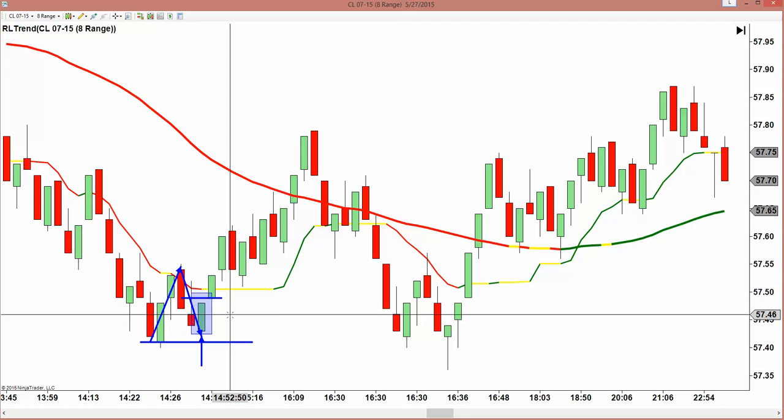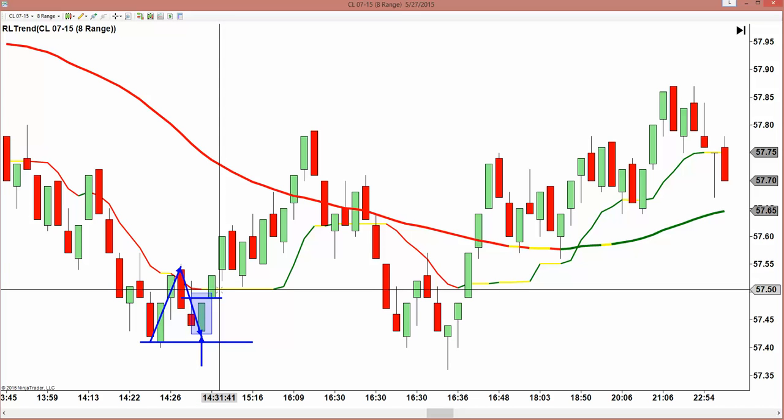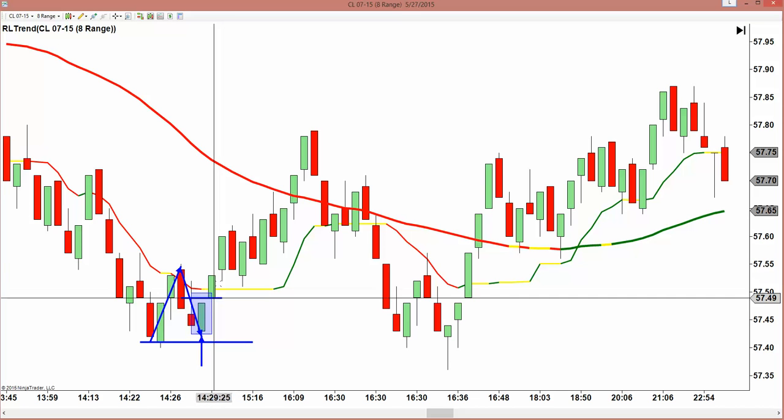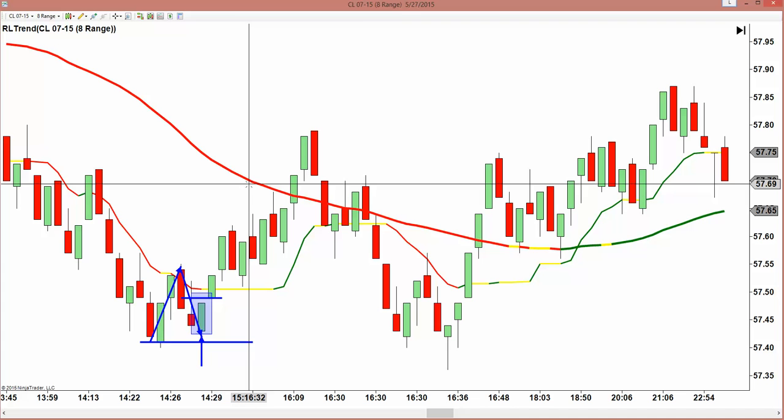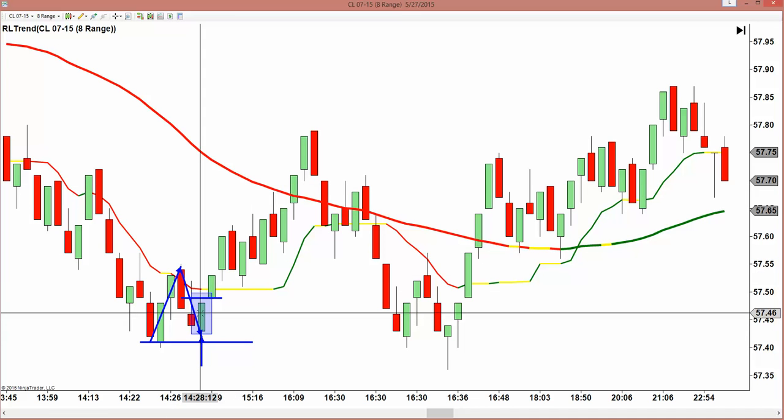You're not using market structure. You're not using the fact that it's going into the modified 15. You're not looking at the fact that you're taking a counter trend trade. That's all market structure. Right now, we're just looking at price action. And if we base this entry simply on price action alone, that would be a valid long.